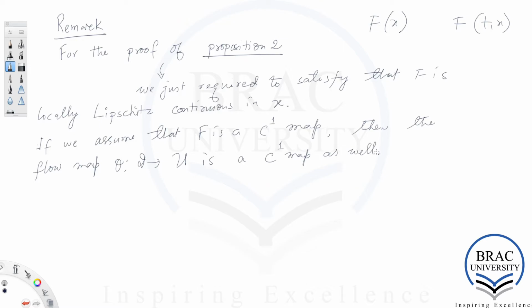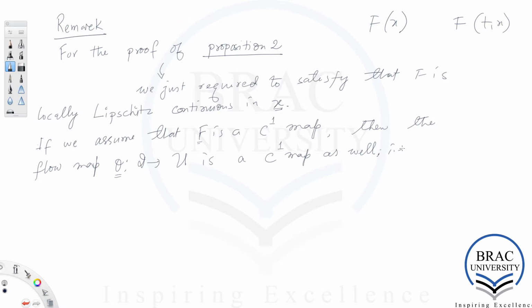Okay, so we have seen that if f is locally Lipschitz continuous in X, then this flow map is a continuous map. That's what we proved in proposition 2. But if we put a stronger condition on f, like f is a C1 vector field, then this flow map turns into a C1 map as well, not just a continuous map.